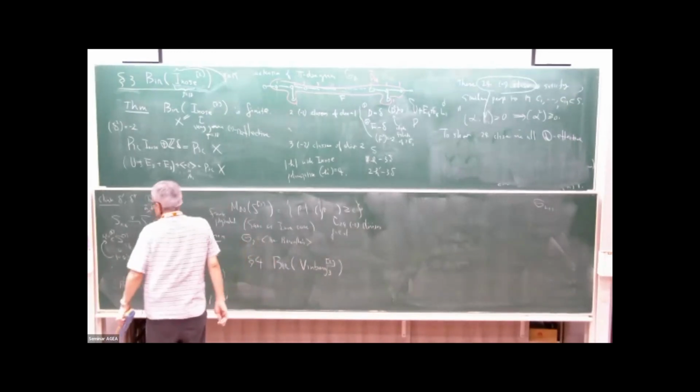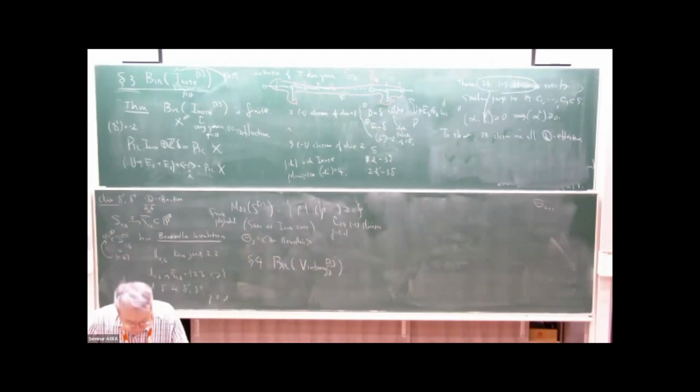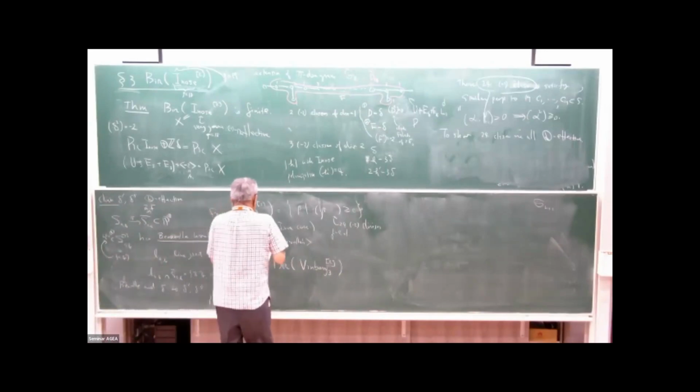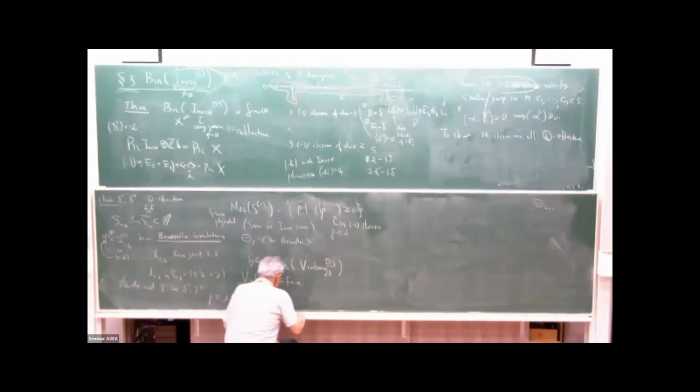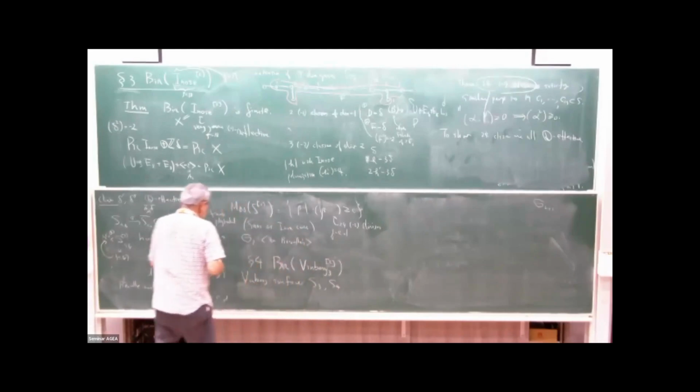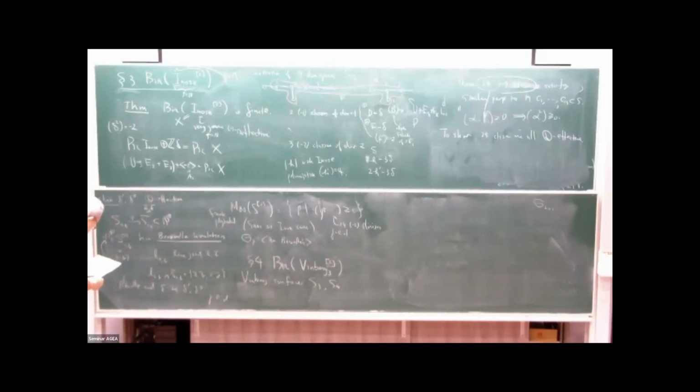I already erased it, but Bimberg surface. This is a K3 surface. We only have two. This appeared in his paper called Two Most Algebraic K3 Surfaces.